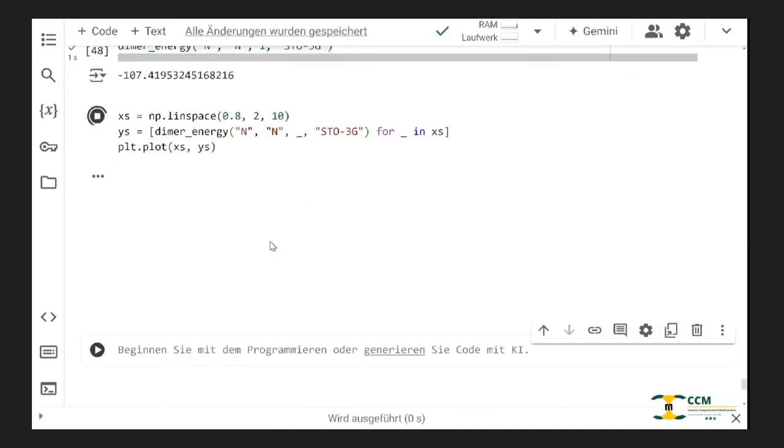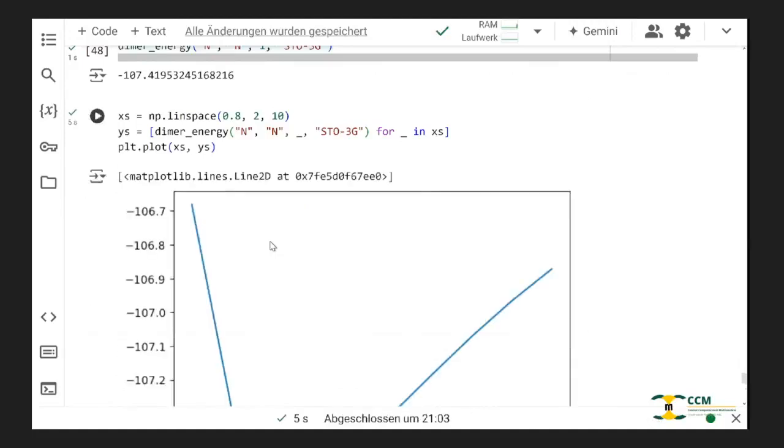First, we use numpy linspace to get equidistant points in a range from 0.8 to 2. And we take 10 of those, so we don't have to wait so long, because the standard is 15. And then we calculate the dimer energy for N2 for a given distance using that quality setting.